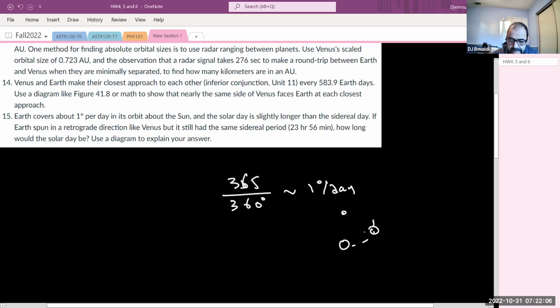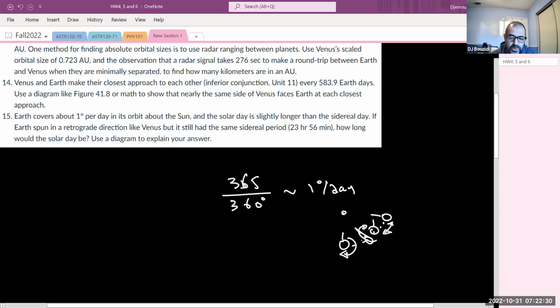So if it spins exactly a full cycle, it's not facing the sun. It needs to spin a little more to face the sun. So this is the difference between the sidereal day and the solar day. And what we want to know, if the Earth was spinning in the opposite direction, obviously it's going to reach the point where it's noon already before it completes a full cycle.